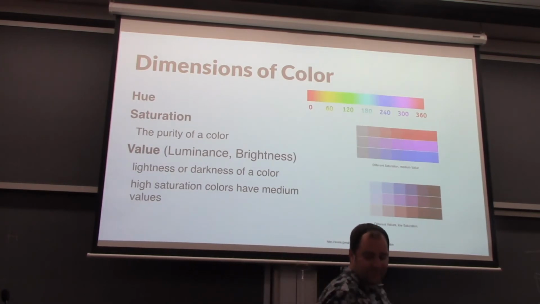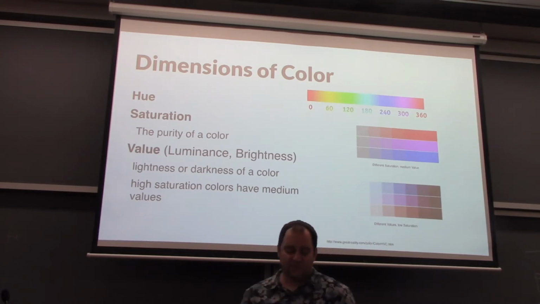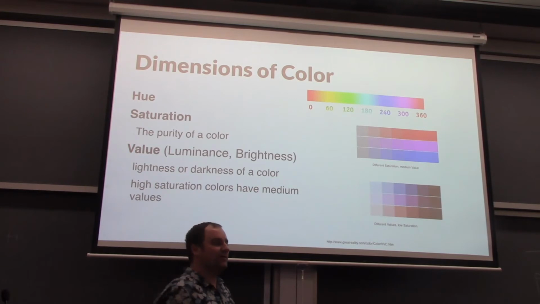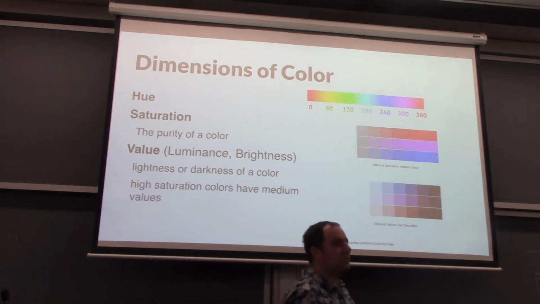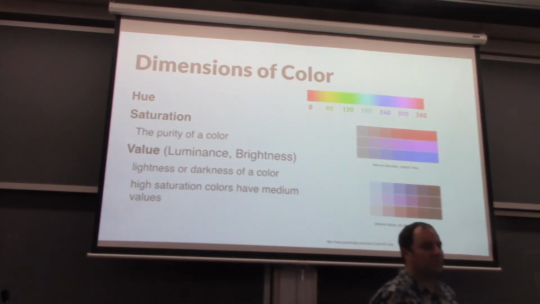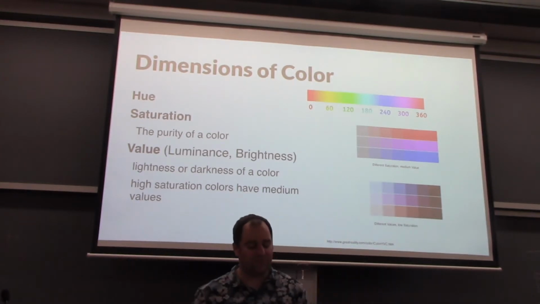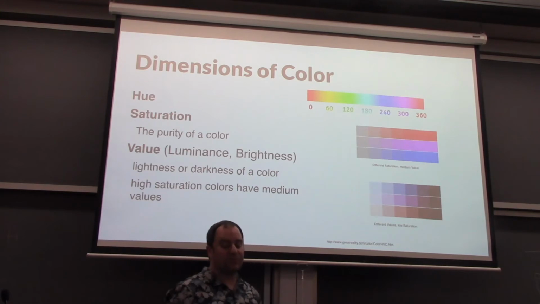Color has a couple of dimensions, and these are not quite so easy to tease apart, but the obvious thing is hue. Hue is what we usually mean if we talk about color colloquially. So red, green, blue, and so on, these are the different color hues. Then saturation is the purity of a color.